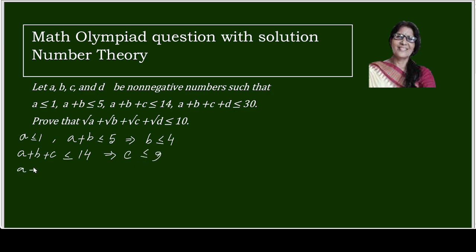Now a plus b plus c plus d is less than or equal to 30. So if we put a plus b plus c as 14, this gives that d is less than or equal to 16.